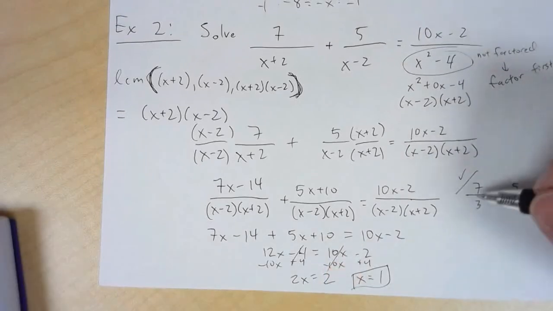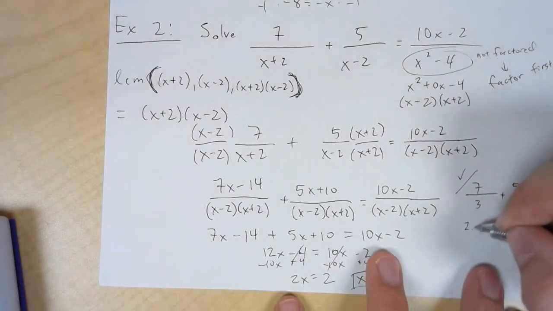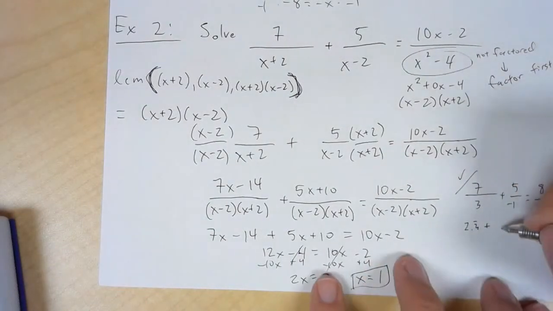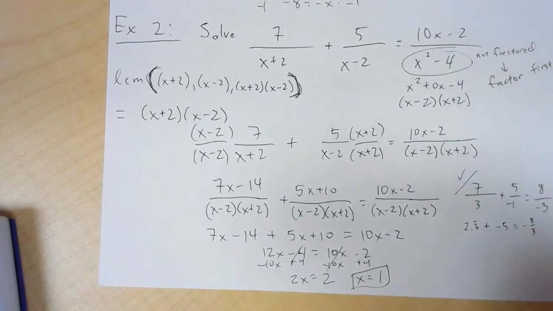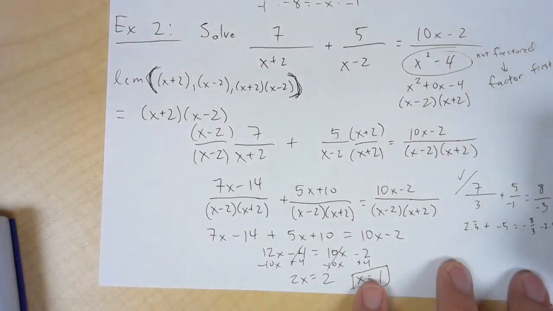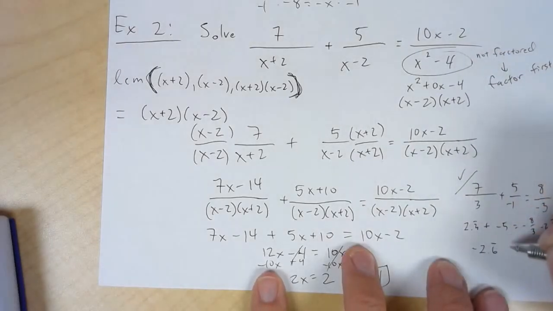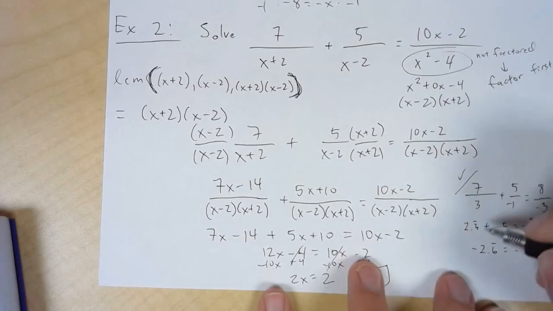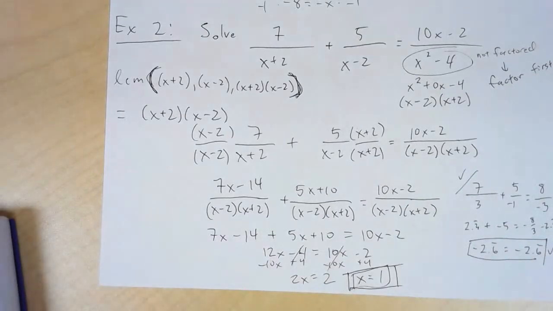So I'm going to type these in and get decimals. 7/3 is 2.3 repeating plus negative 5 divided by negative 1 equals negative 8/3, which is negative 2.6 repeating. So I need to take my actual number, so 7/3 minus 5, and that gives us, yes, negative 2.6 repeating on both sides, which says that, woohoo, it worked, and yes, x equals 1.